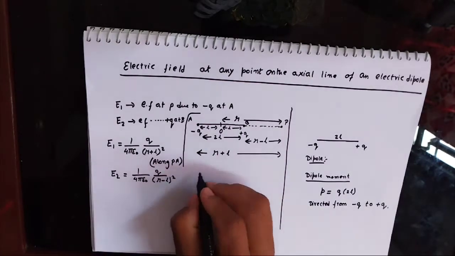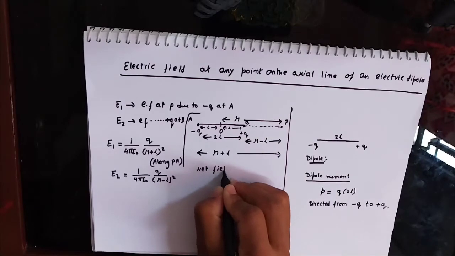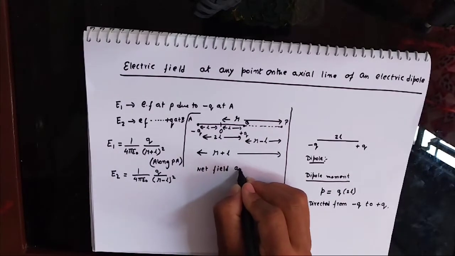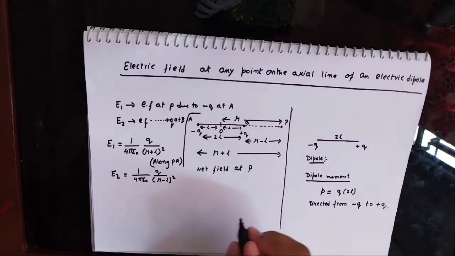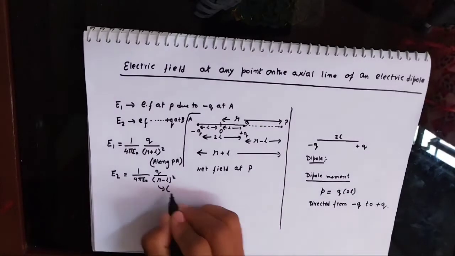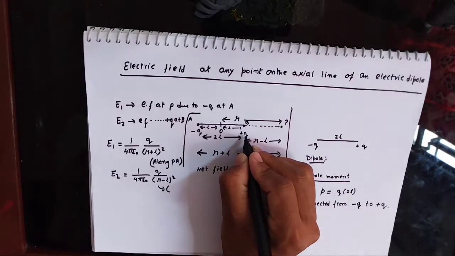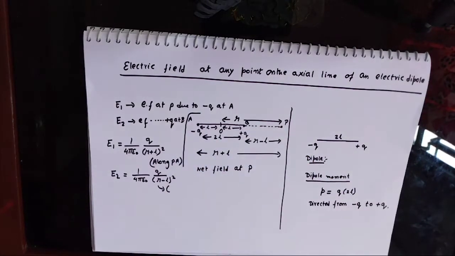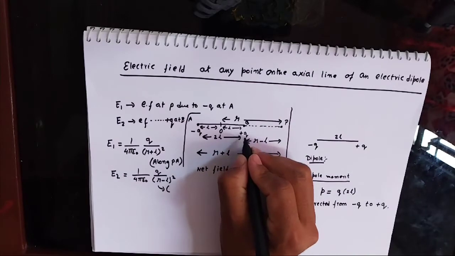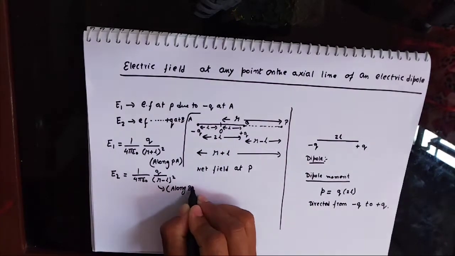So now, net field at P. So here, in which direction? E2, the charge Q at B is positive. So the electric field, they are coming out from this plus Q. So the direction is along BP.